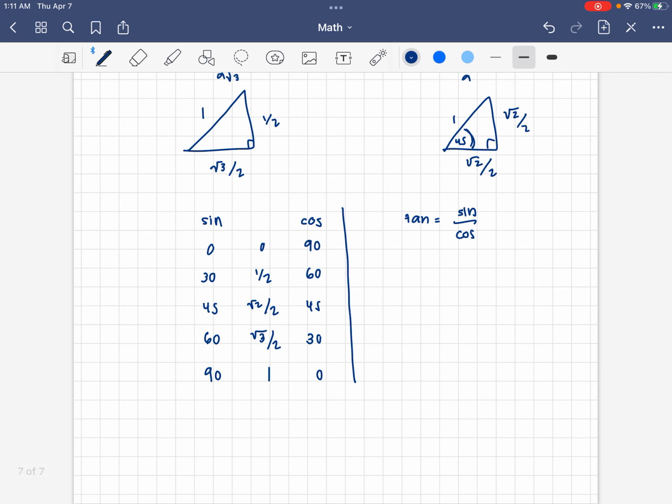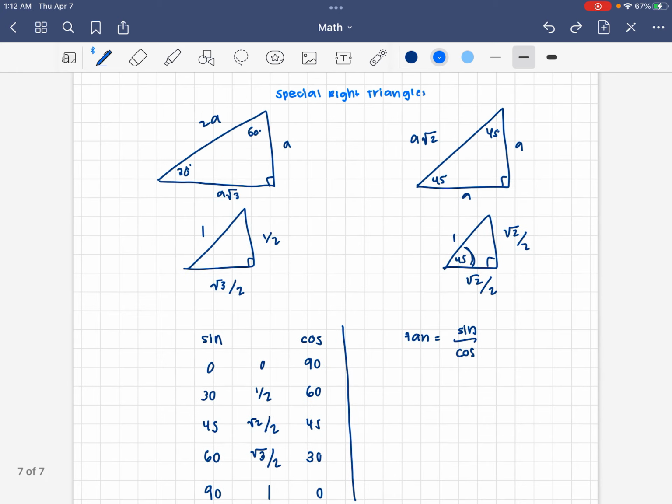So basically what this means is sine 0 and cosine 90 is 0. Sine 30 degrees and cosine 60 is 1/2. Sine 45 and cosine 45 is that. That's how I remember it, because I don't want to do the math every time.